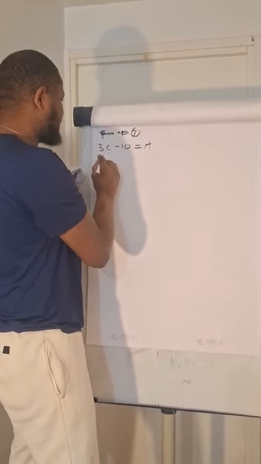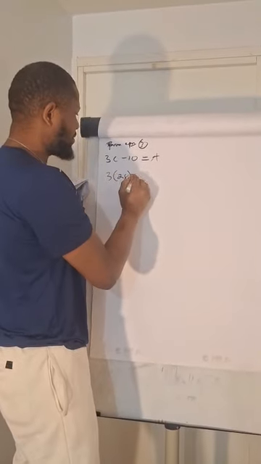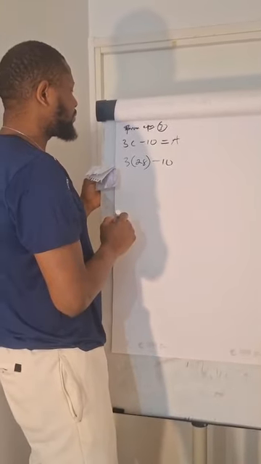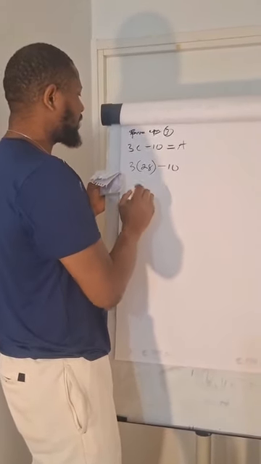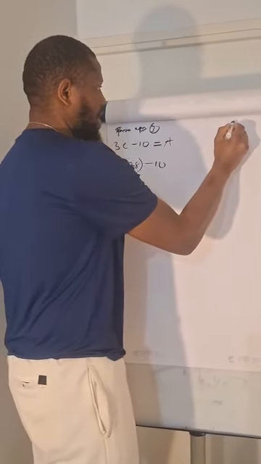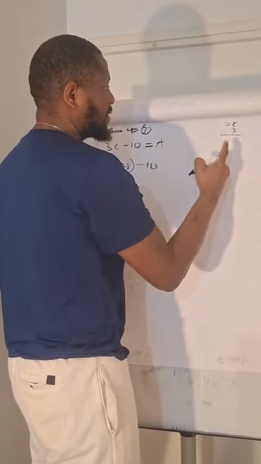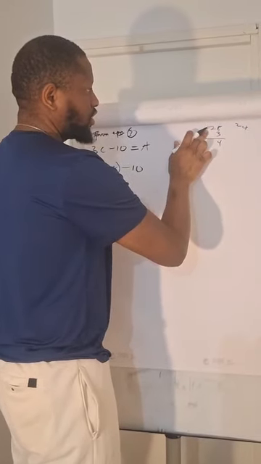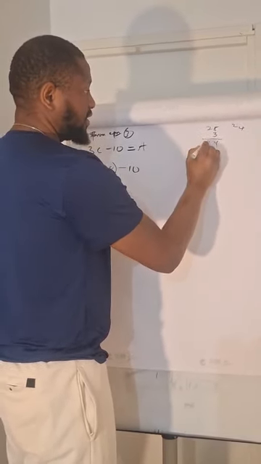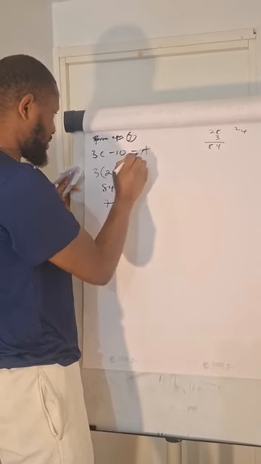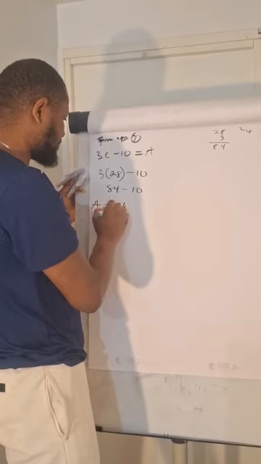It will be 3 into 28 minus 10. Now, 28 multiplied by 3. 3 times 8 is 24. Put down 4, carry 2. 3 times 2 is 6. 6 plus 2 is 8. 84. So 84 minus 10 is 74. So the adult ticket is equal to 74 tickets.